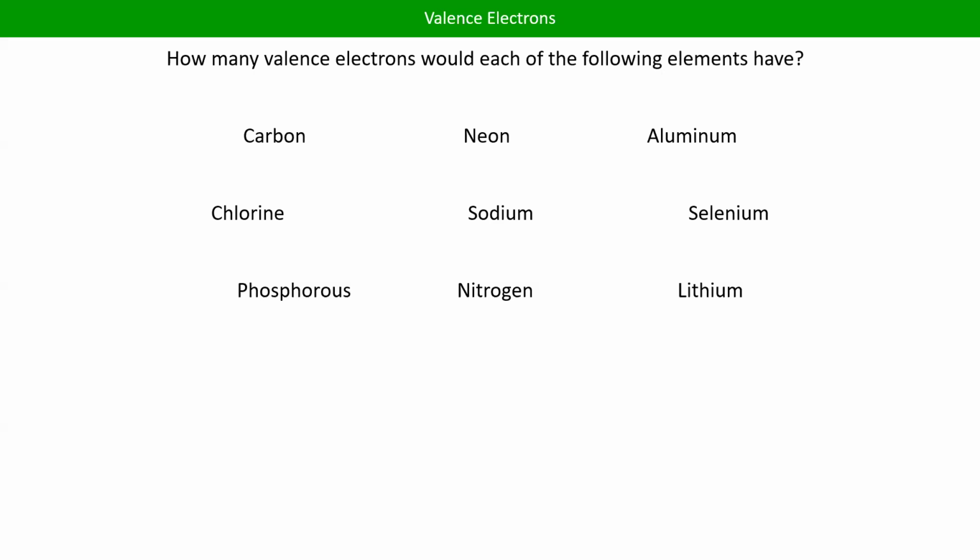That's how you can tell if it's going to be a positive or a negative when it becomes more stable. Anything to the left of that line is going to try and give away electrons to become more stable. So if it gives away electrons, it actually becomes positive because the electrons are negative, right? So lead has 4 valence electrons, but it's to the left of our line there. Lead becomes more stable when it can give up all of its valence electrons.